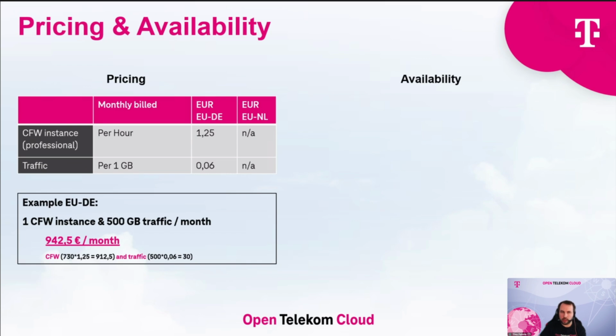Availability: this service is nearly available. We have planned the release for next year, mid of January. The prices will come into the service description next week. And with that, we will have the complete package available for you starting mid of January.